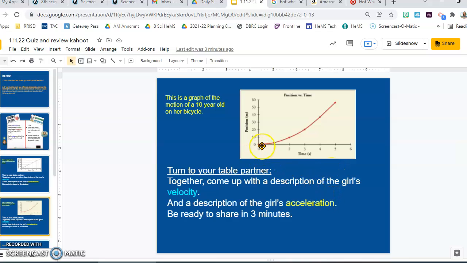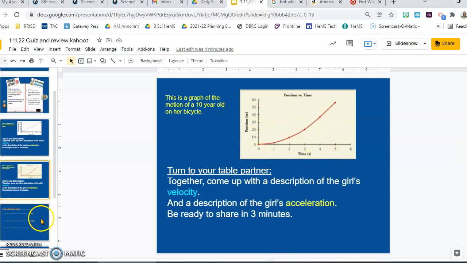And we see that she's increasing her speed over time, and she is probably going down a straight street. That would be velocity. We're giving it a direction, north. And for the acceleration, she's having constant acceleration because she continues to go pretty quickly all the way through. And if we took this and divided it, we'd probably come up with similar numbers. All right, that was awesome.